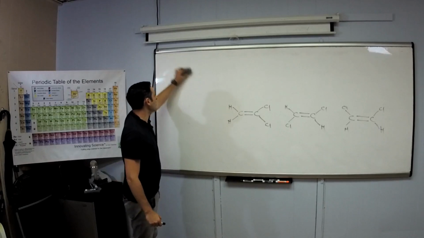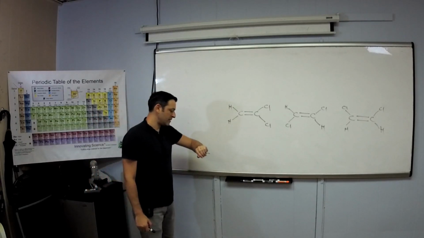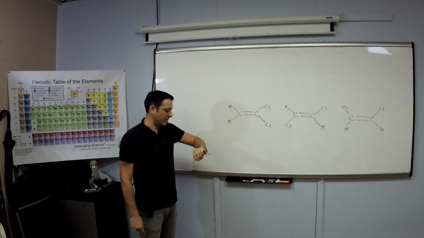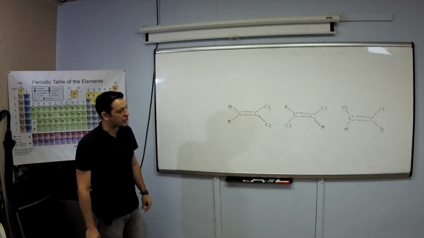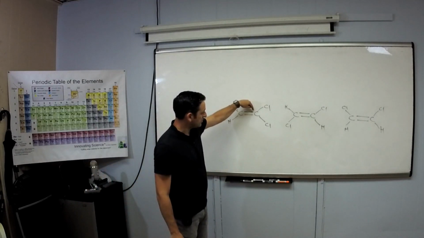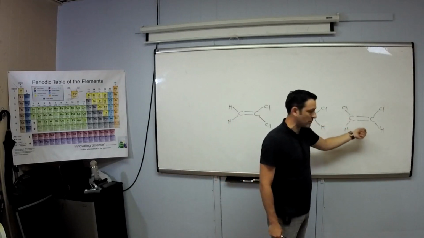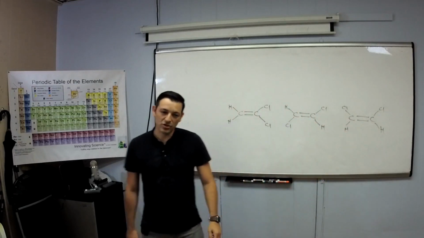Dichloro, we'll learn how to name eventually. Maybe, yeah, probably not before this summer session ends. But this is a 1,1-dichloroethene. This is a 1,2-dichloro, it's trans, and this is a 1,2-dichloro, that's cis.